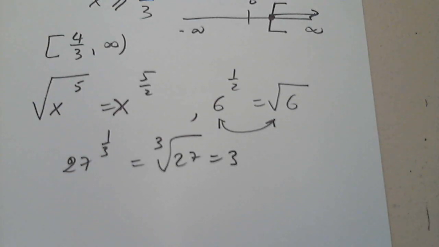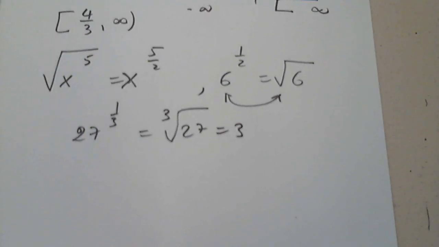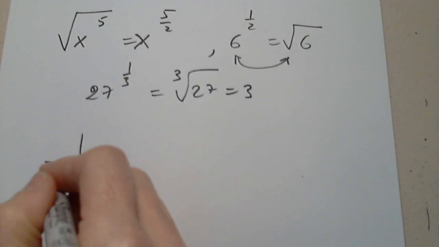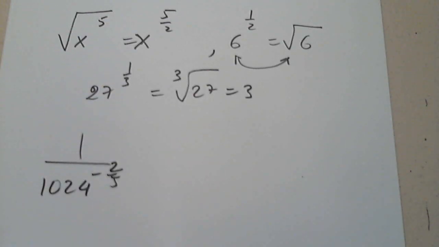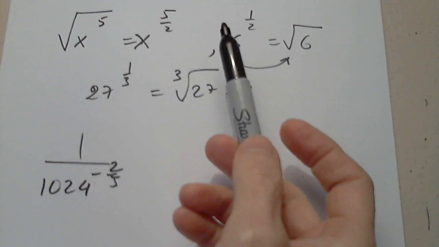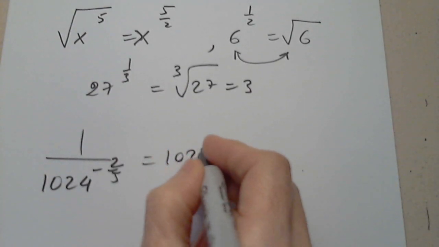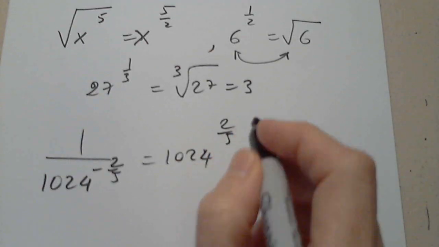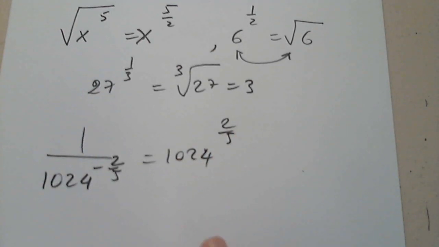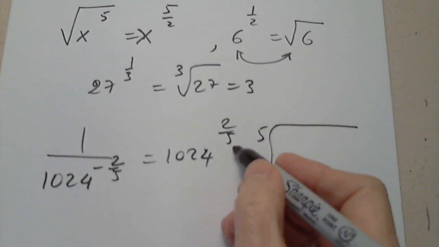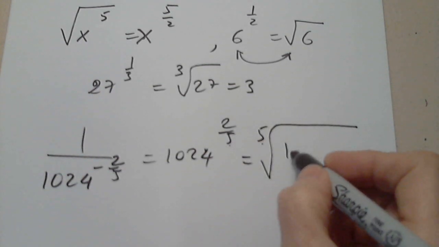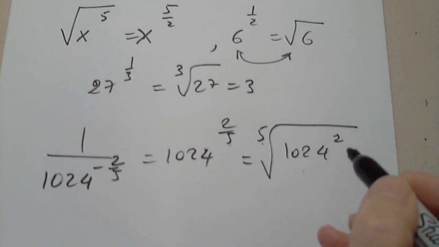Okay, rewrite this with positive exponents. And we know how to do this. This is 1 over 1024 to -2/5. If an expression has a negative exponent and it's found in a denominator, we'll move it to the top with a positive exponent. If they want us to simplify, we need to remember that this is the 5th root of 1024 squared.